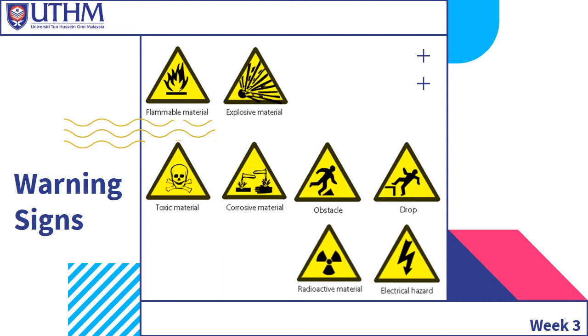Next is the warning sign, which includes flammable material, explosive material, toxic material, corrosive material, obstacle, drop, radioactive material, and electrical hazard. This warning sign we can see at a laboratory or factory.